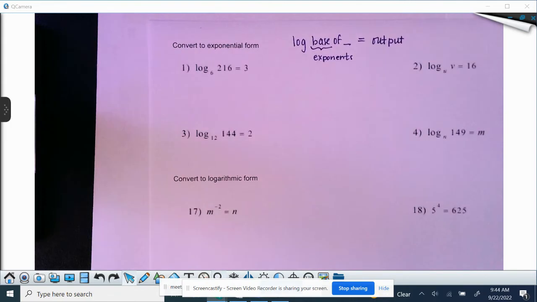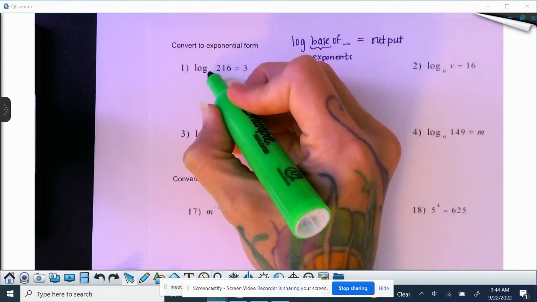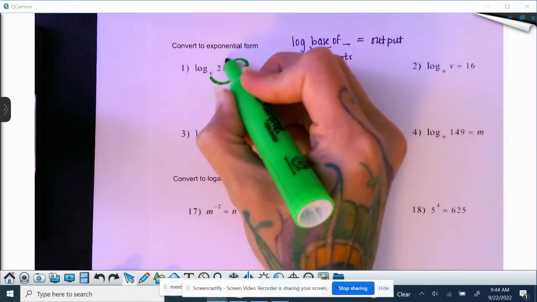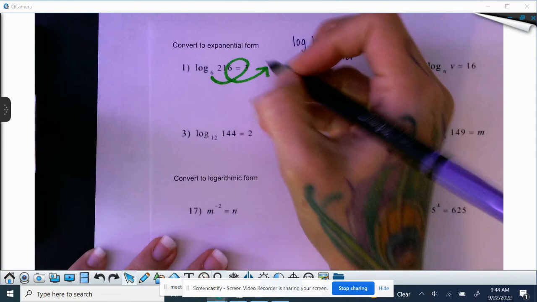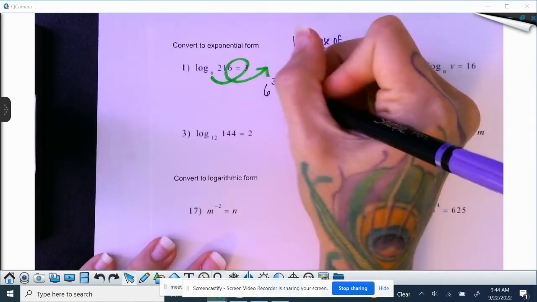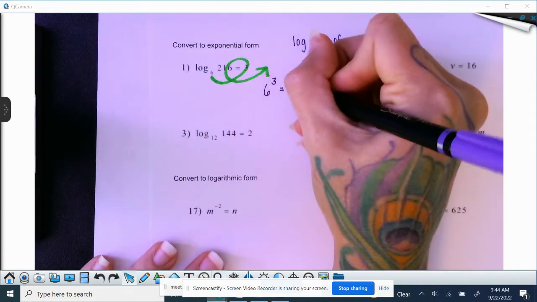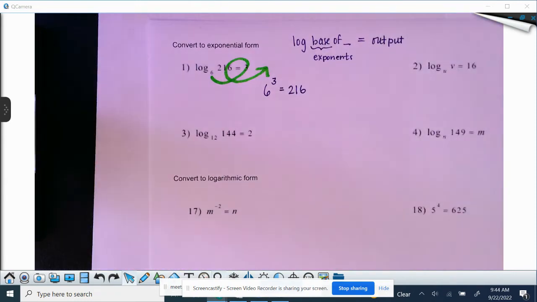If I'm going from log, and I'm going from log because log is there, to exponent, you always start at your base, and I'm going to make a cursive E. Cursive E. So log base 6 of 216 equals 3 becomes 6 to the third power is 216. So 6 raised to the third power is 216, is converting it from log to exponential.